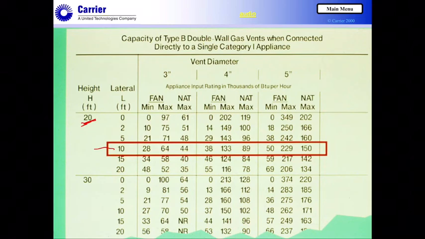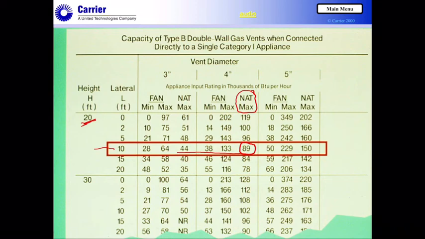In this example, if this were, let's say, a 60,000 BTU natural draft appliance, I would go over on this all the way until I find, oh, here it is, natural. I would look at natural max, and I would say, okay, a 4-inch vent pipe would be capable of handling up to 89,000 BTUs.